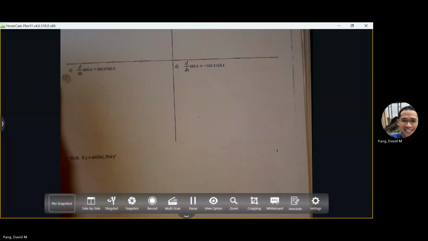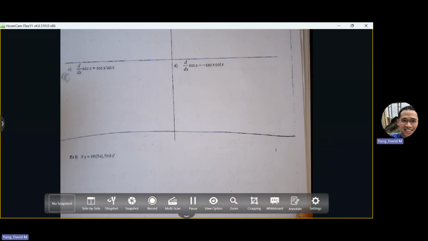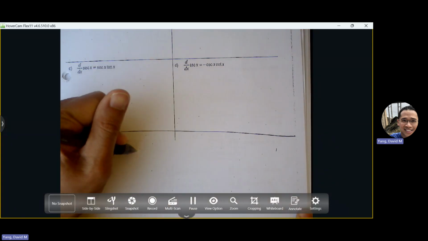This is the way that I organize the derivative rules. You can use this pattern or not, but I just want to show this to you. This is at the bottom of, for example, Example 2. Example 2 won't take a whole lot of space.